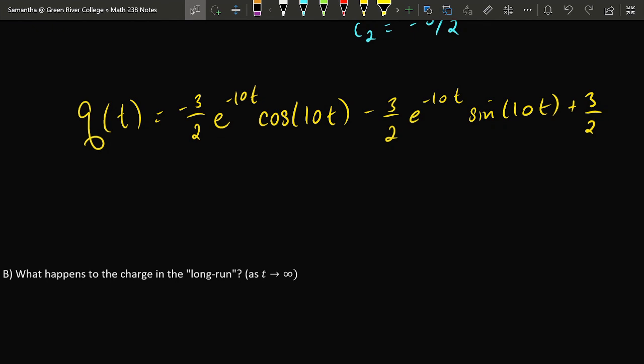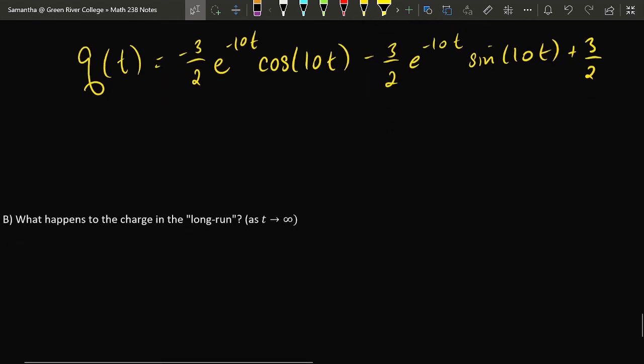Now someone says, follow-up question, based on what you calculated, what's going to happen to the charge in the long run? In other words, what happens to q of t as t, representing time, gets really, really large?